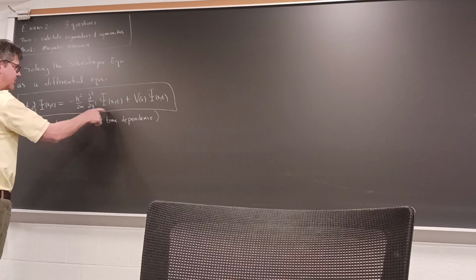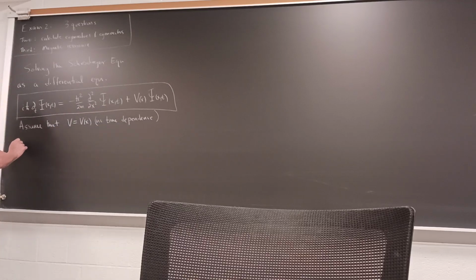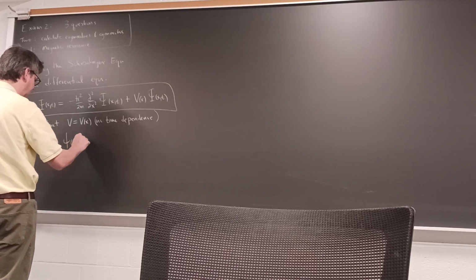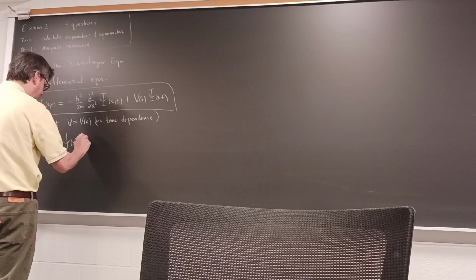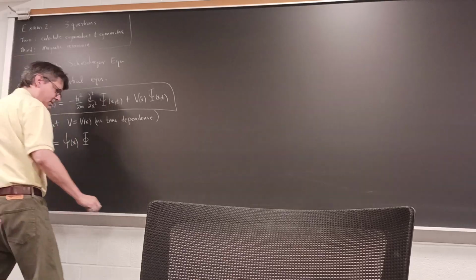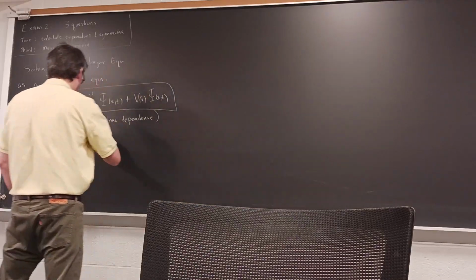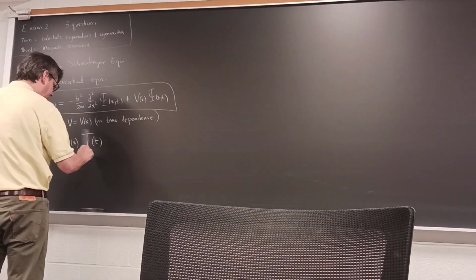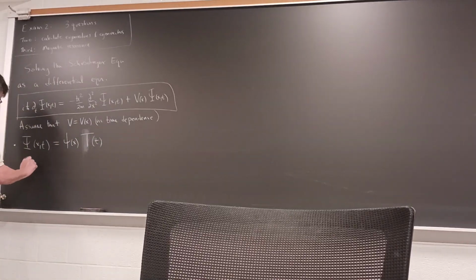One of the primary methods to solving partial differential equations, with more than one variable here, is through a process where we assume that psi of x and t can be written as a function of x only, little psi, times capital T of t. So this is called separation of variables.